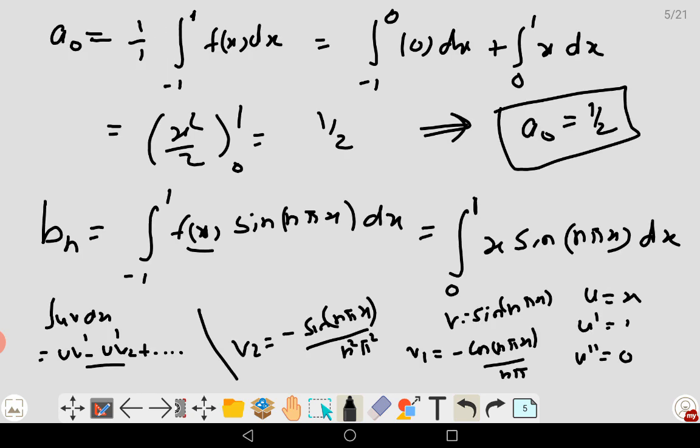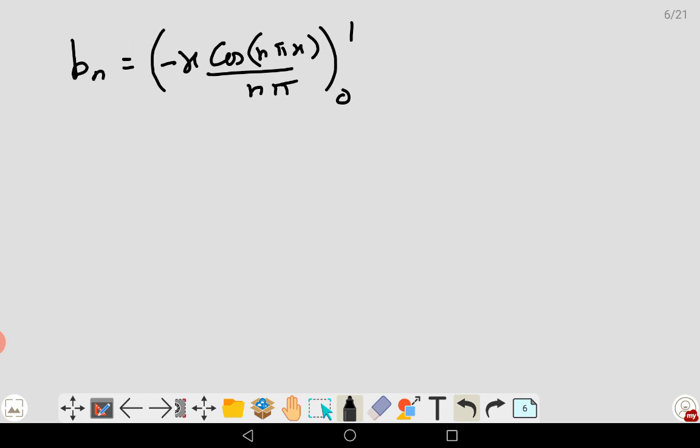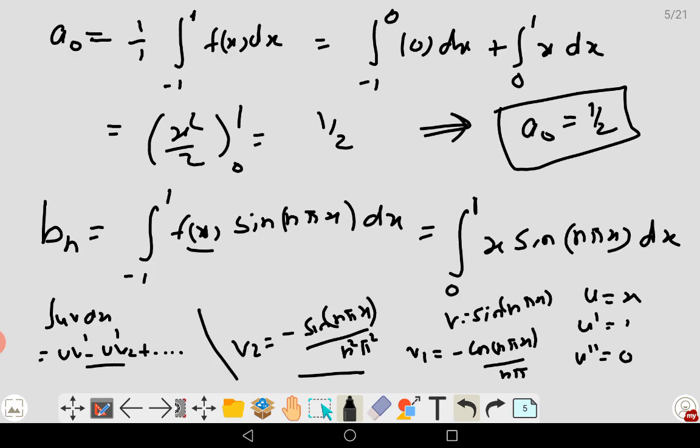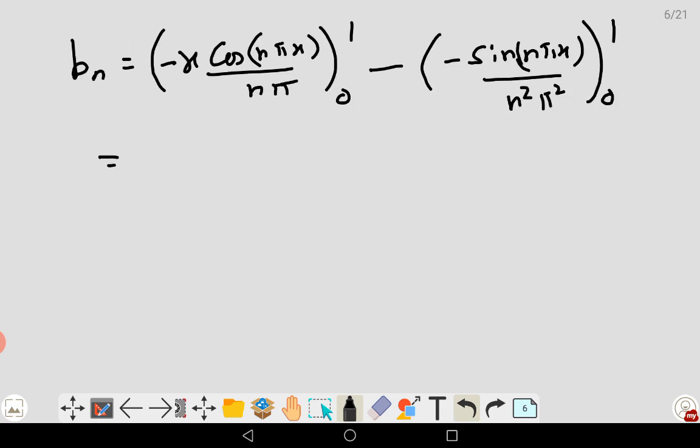Next term comes with the negative sign, so negative u prime v2, u prime is 1, v2 is given here, negative sine n pi x over n square pi square, 0 to 1, isn't it? Yes, negative sign will be positive. So here negative is outside.